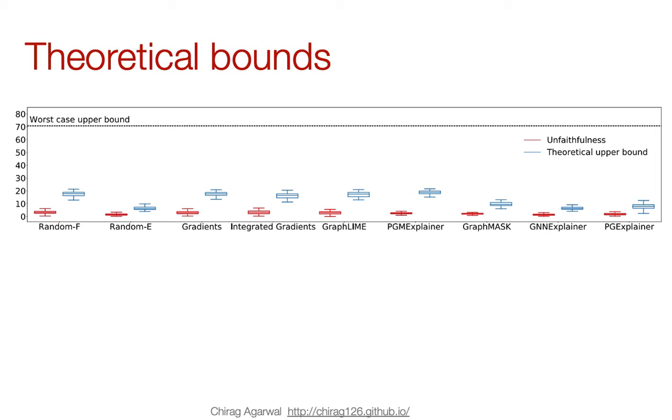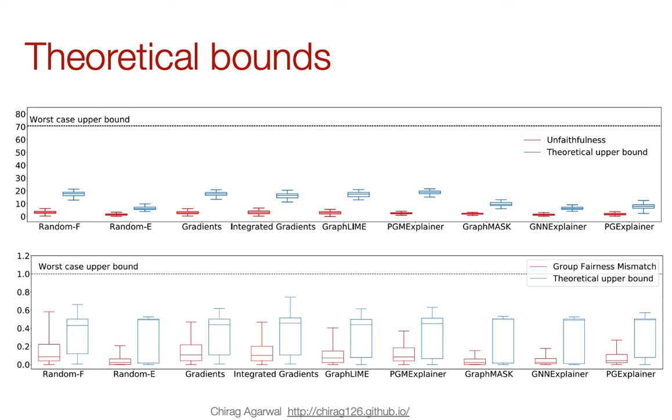These results show that the empirically calculated unfaithfulness is lower for explanation methods with smaller theoretical bounds, suggesting a strong correspondence between the empirical calculations on real-world datasets and our theoretical bounds. We found similar trends for the bounds calculated for group fairness metrics too.